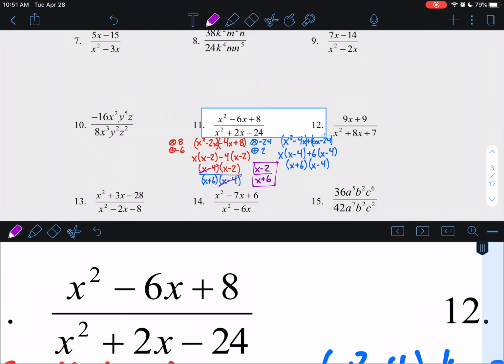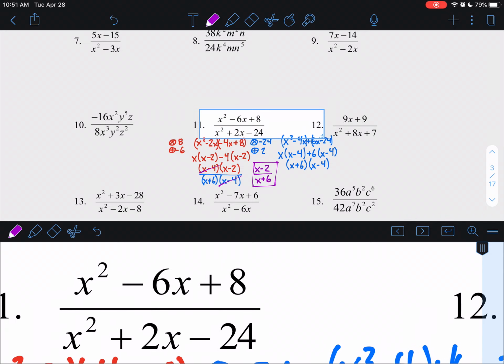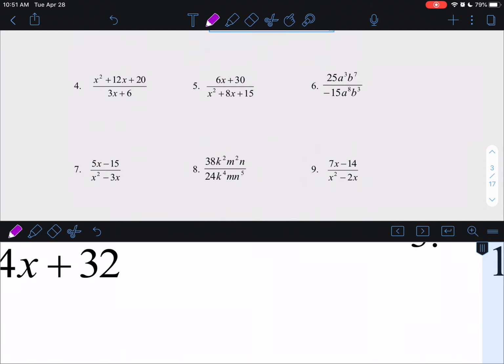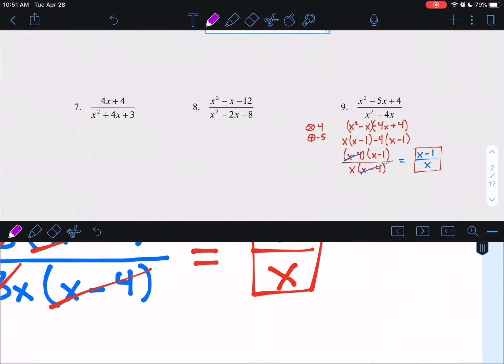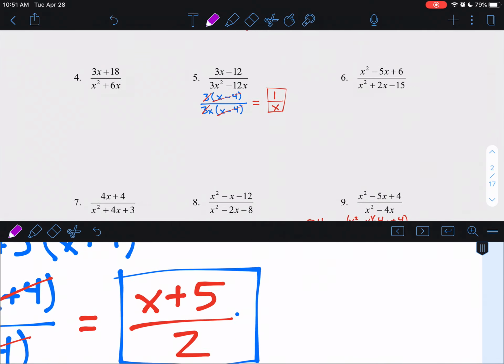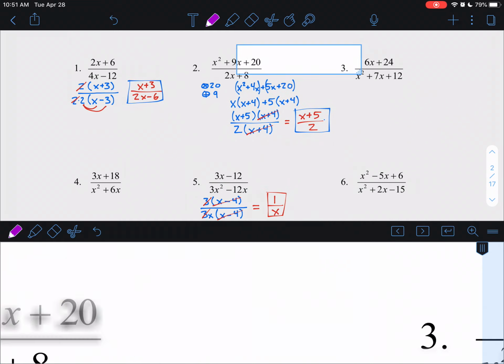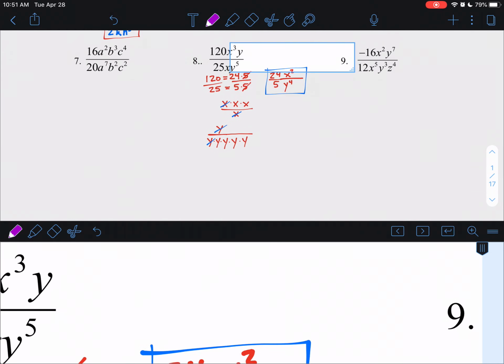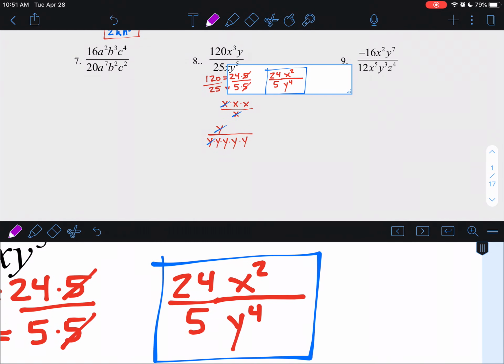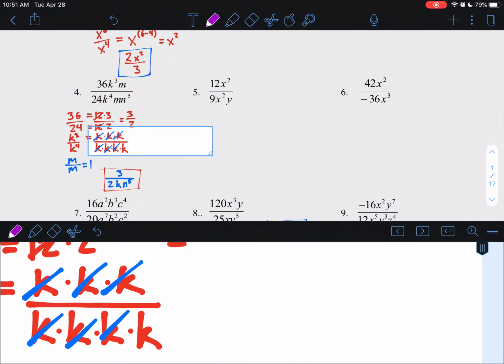If it's a quadratic, you know how to factor a quadratic. If it's a binomial, take out the GCF. Otherwise, do your best, guys.